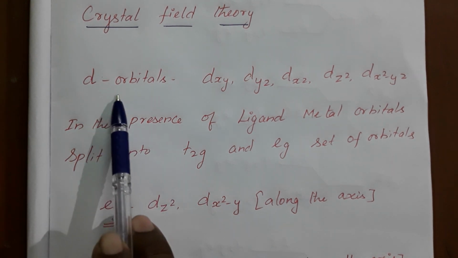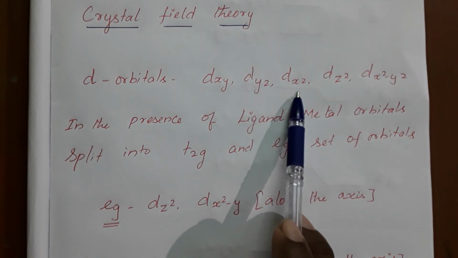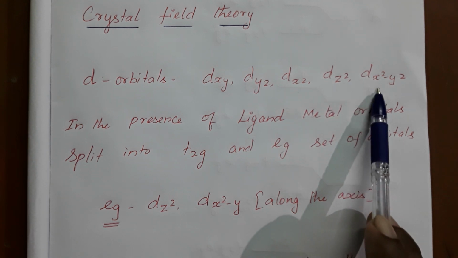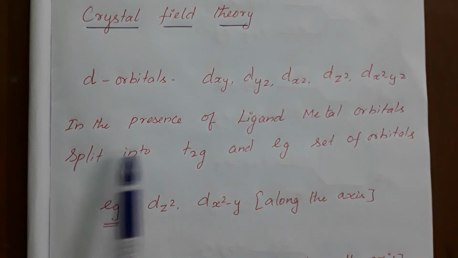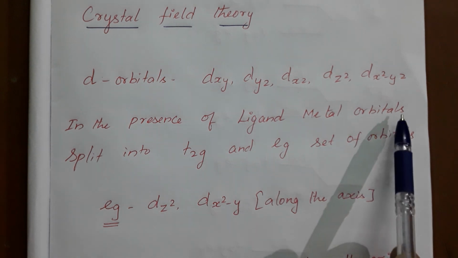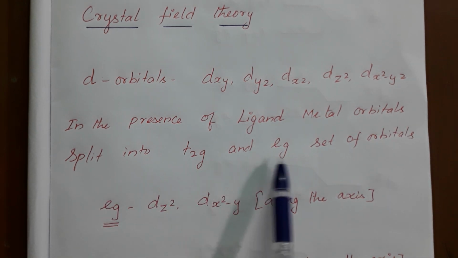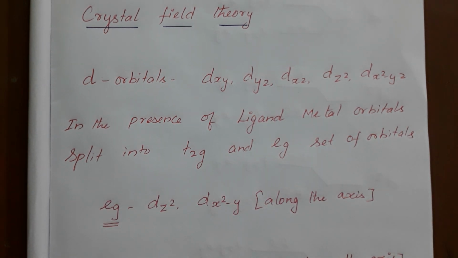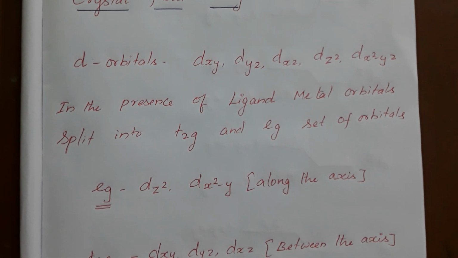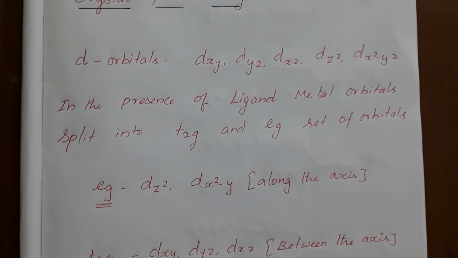We know that d orbitals are dxy, dyz, dxz, dz square, dx square minus y square. In the presence of ligand, the metal orbitals split into T2g and Eg sets of orbitals. When the ligand approaches the central metal atom, it approaches in two ways.